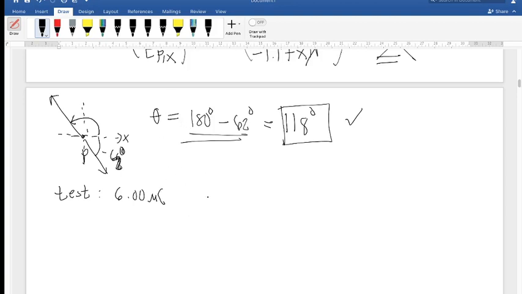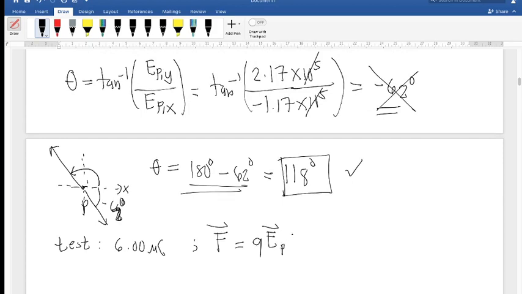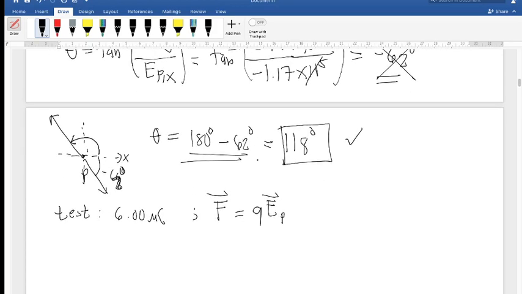Okay, so by using this relationship, we can now find the force directly, right? If you already got the electric field at point P, you can easily find the electric force without doing the superposition principle of forces in Coulomb's law.